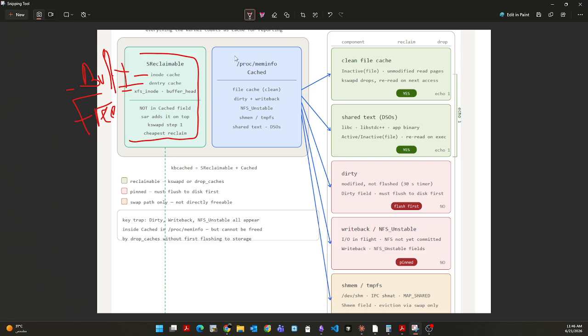And we have /proc/meminfo for the Cached. All of those are actually inside the buff/cache column. But at the same time, the Cached already includes the clean file cache. Okay, let's talk about the clean file cache.